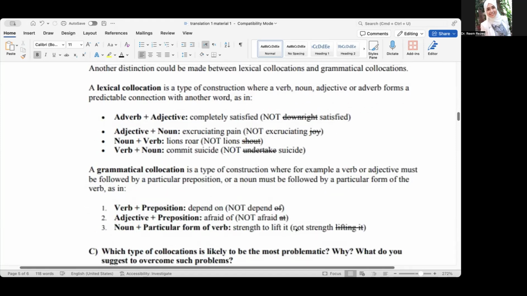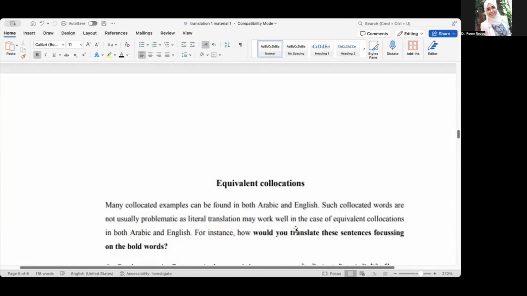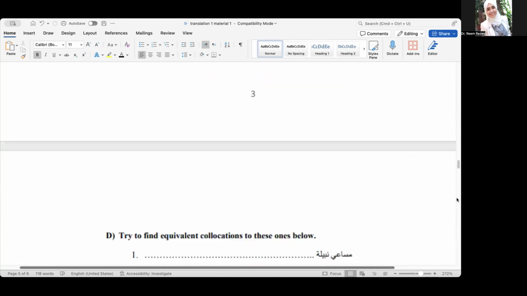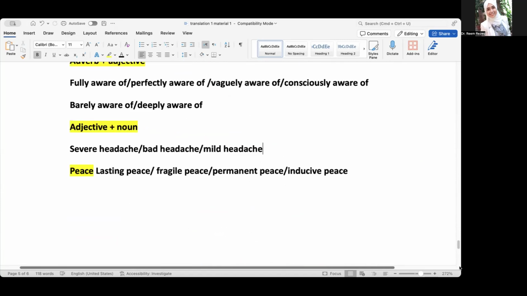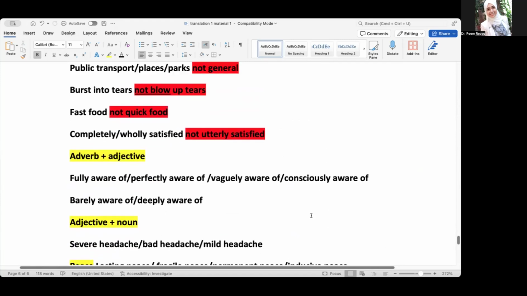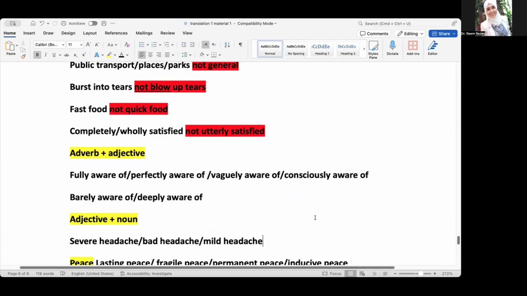You have to master all of these collocations in order not to have problems when you start to translate. Okay. So all of these points you have to pay attention to when you translate, because it is really very important to master all of these.